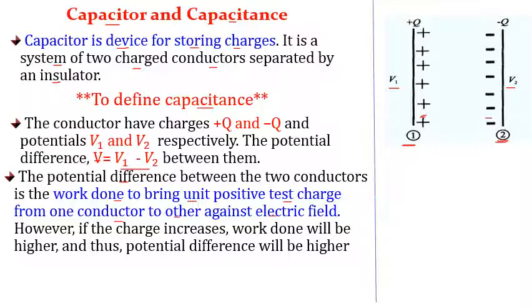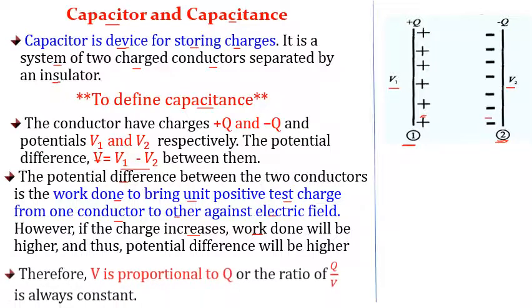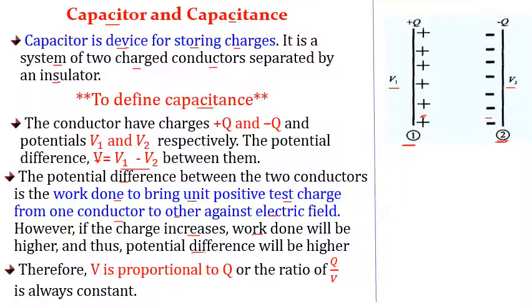electric field. However, when these charges are increasing, the work done also goes on increasing. This means the potential difference increases. Therefore, we can say that as Q increases, V will increase.